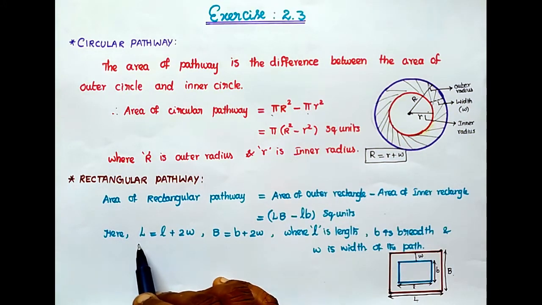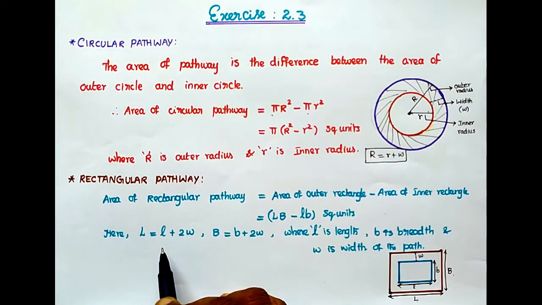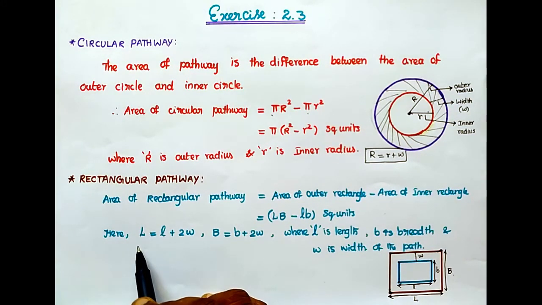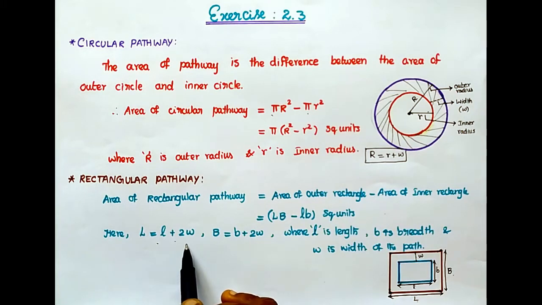Here they give the length and breadth, small l, small b, so we have to find the outer length. How will you find that? Capital L equals small l plus 2 into width.